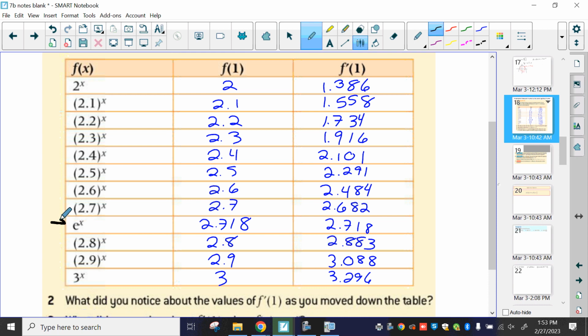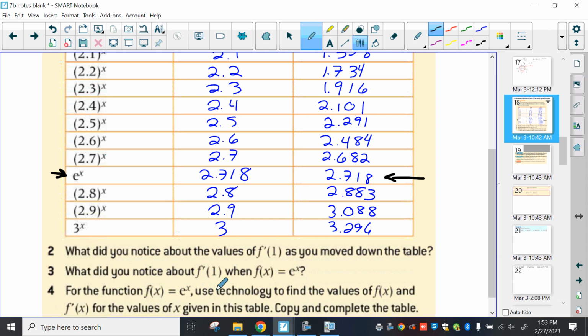It keeps getting bigger. And what happens specifically at e to the x? Their outputs are the same, whether I'm looking at my original function, f of 1, so if I put e to the first, that's 2.718, or if I took the derivative of my function and substituted in 1, I got the exact same output.